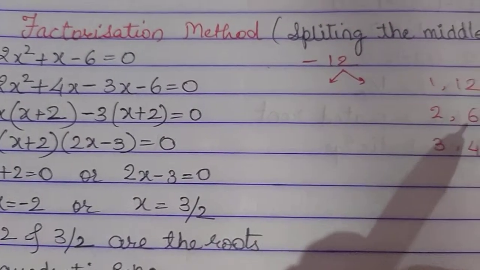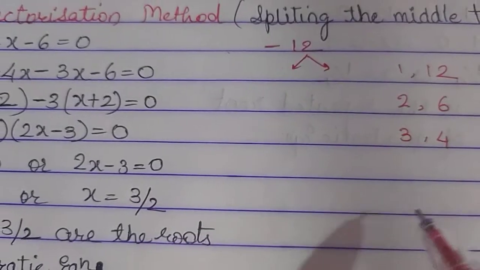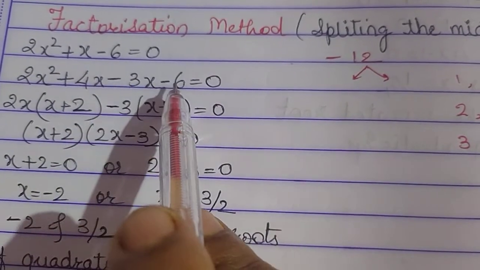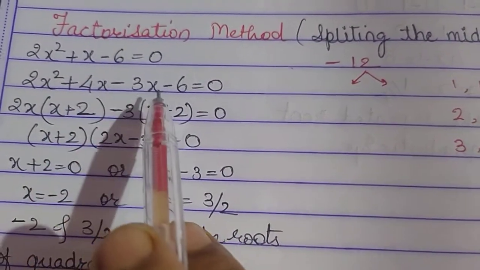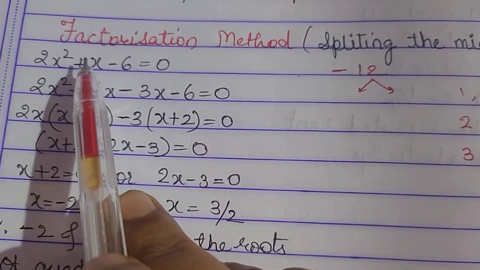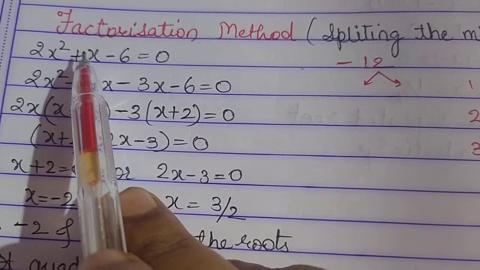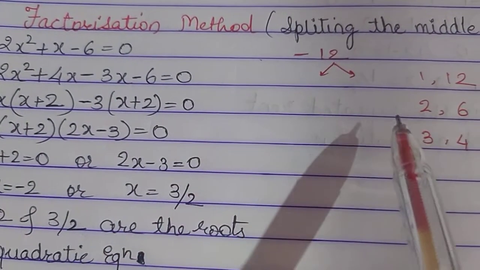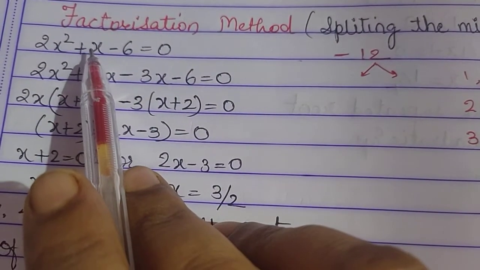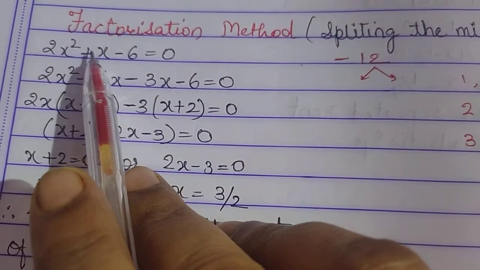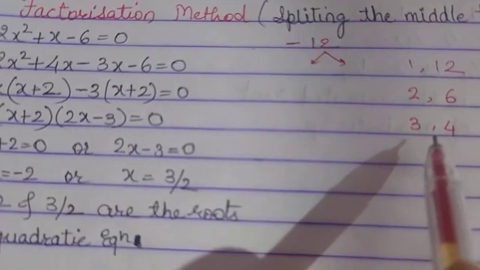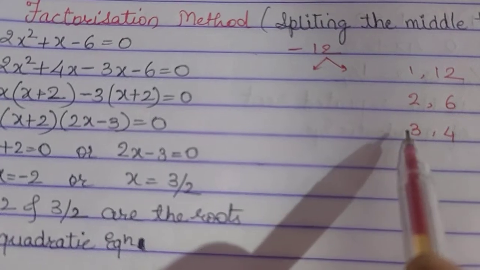Now out of these factors we have to select, since the last term is negative, two factors such that their subtraction is equal to the middle term. The coefficient of the middle term is 1, that is, the value of b is 1. So we will select the factors such that the subtraction of the numbers is equal to 1.